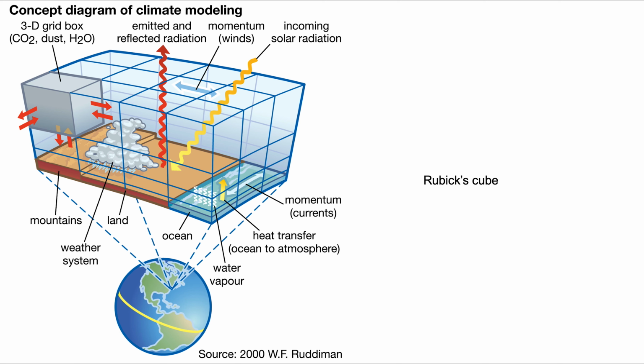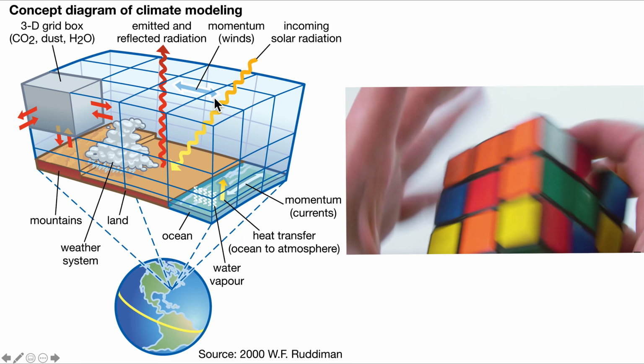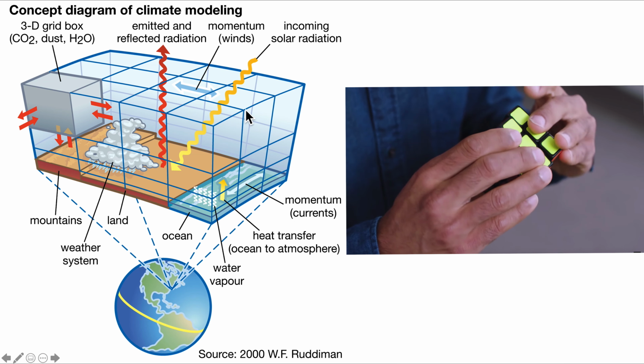The next step was to take these vertical tubes and link them together horizontally. So we have a surface, just like we did in the tube model. We have boxes of air containing various substances above that radiative body here. And now we're going to link one tube to the next tube, to the next tube, to the next tube. And all these stacked boxes are also going to be linked in multiple directions. Much like a Rubik's Cube, each of these is going to interact with the one next to it.